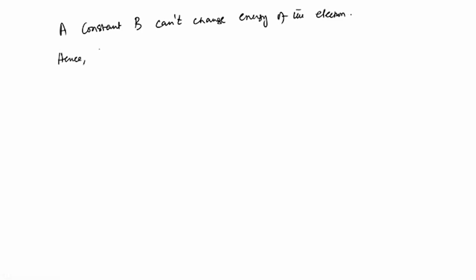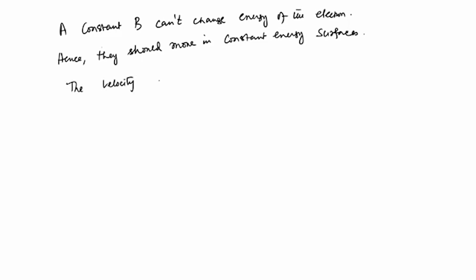Hence the electrons should move in constant energy surfaces, and on these constant energy surfaces their velocity is given by the band velocity.